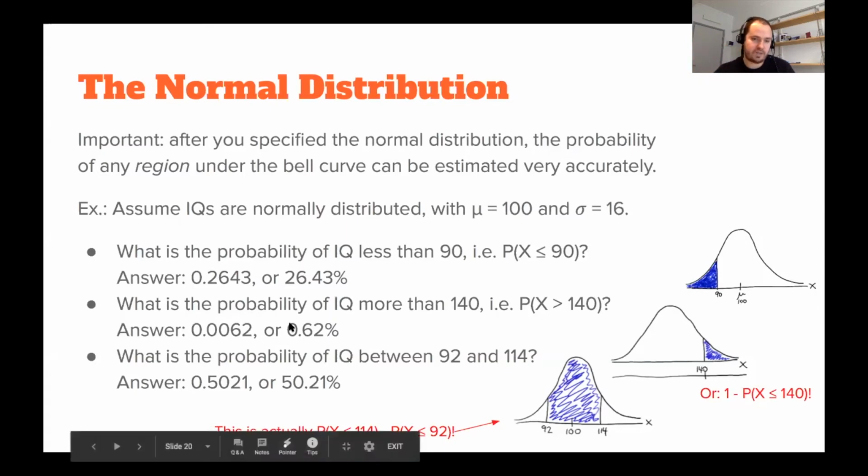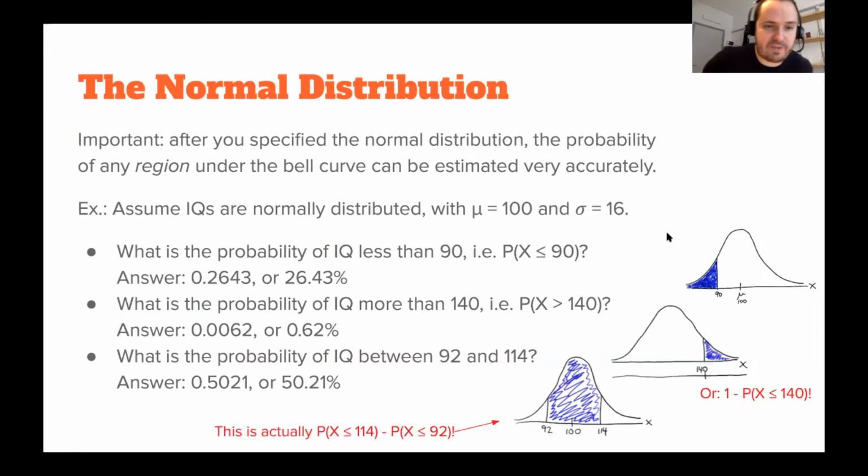And actually, we can see that it is 0.62%. But at any rate, just from the fact that you know that 140 is larger than 132, which is 100 plus 2 times the standard deviation, you could already assume that it is very unlikely to happen, and it's less than 2.5% chance of happening.